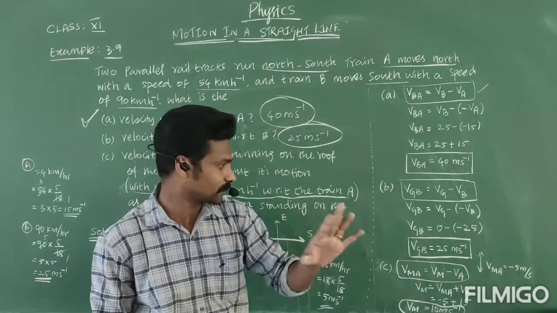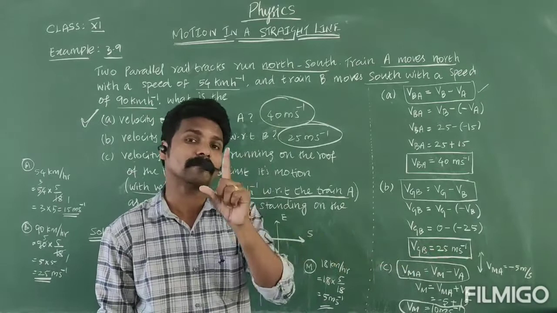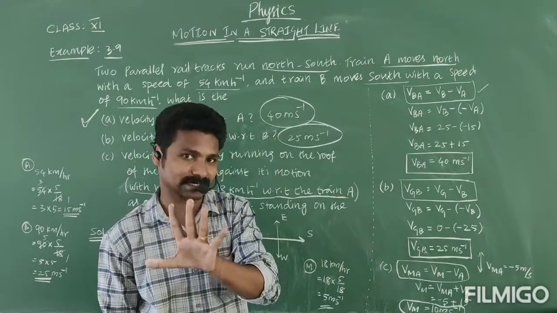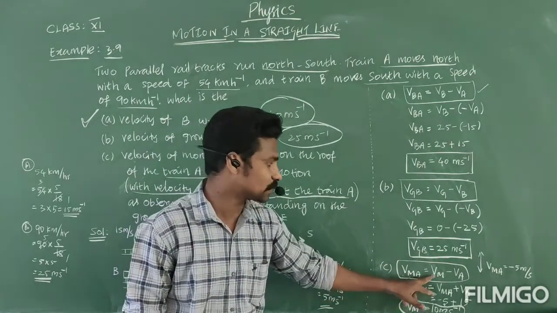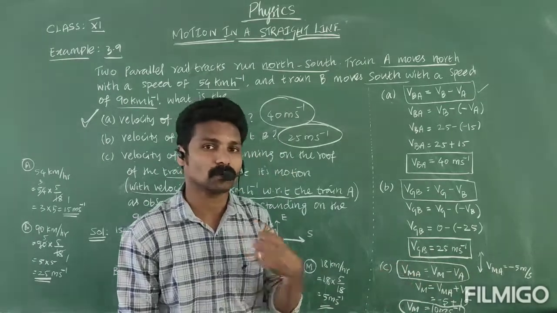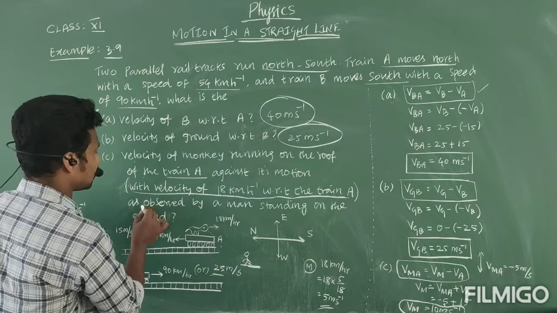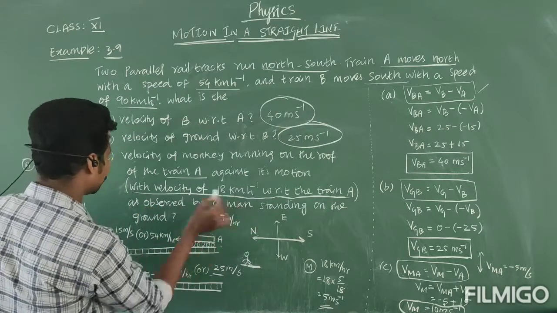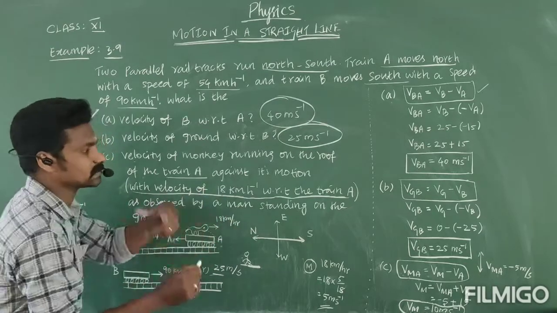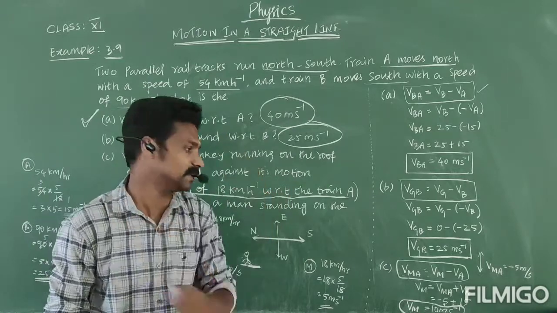Should be careful. So Vma is equal to minus 5 meter per second. Clear? So Vma is equal to Vm minus Va. Now what we need actually, as observed by the man standing on the ground, what is the speed of the monkey? So Vm only we need.